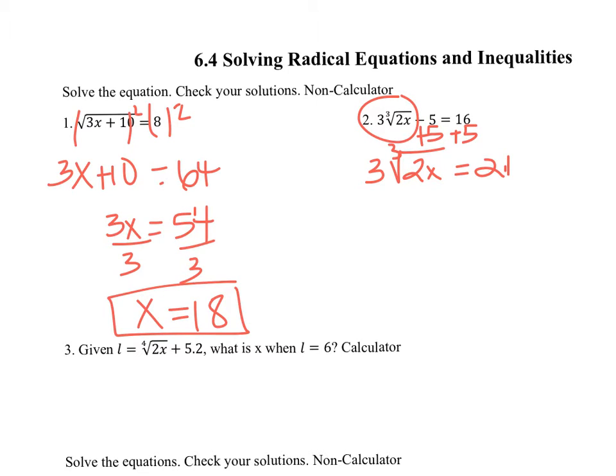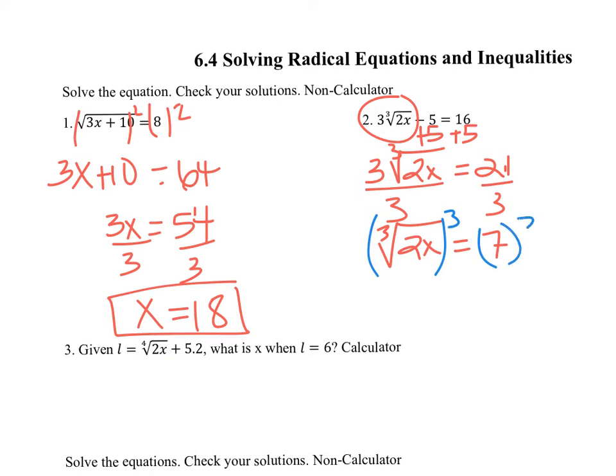So 3 is multiplying by that radical. I'm going to divide out the 3 on both sides. And I have cube root of 2x equals 7. Okay. And in order to undo the cube root, I cube it. Make sure you do it to both sides.